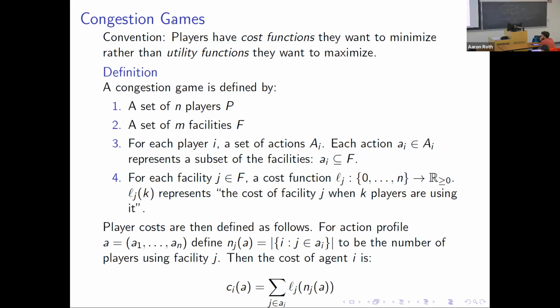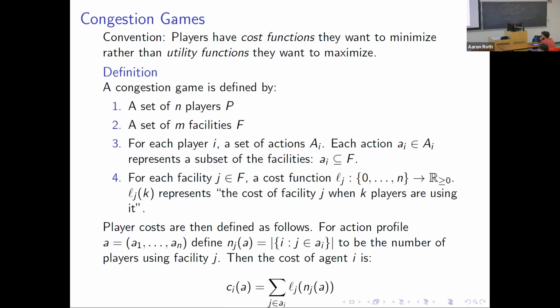There's a different cost function for each facility and on the number of players using the facility, but it doesn't depend on anything else. So in particular, given that you and I are both traversing this road segment and there's 1,000 people trying to do it at the same time, it takes me the same amount of time to do it as it does you. It's not that you've got an airplane or something and can go over the traffic.